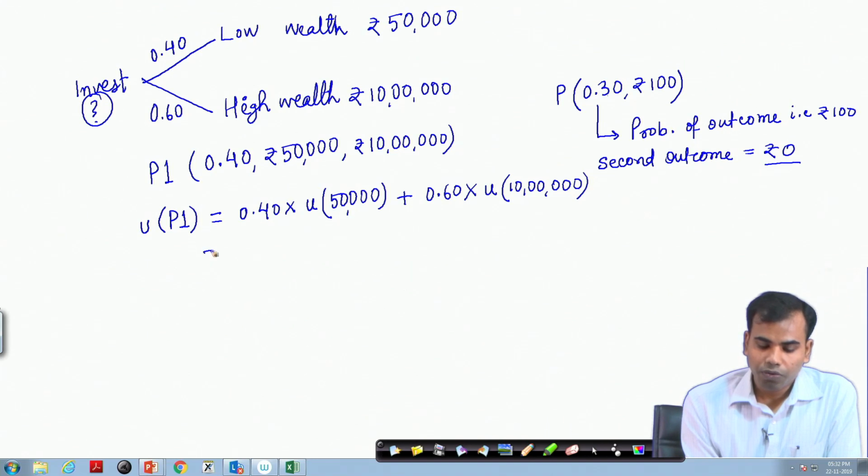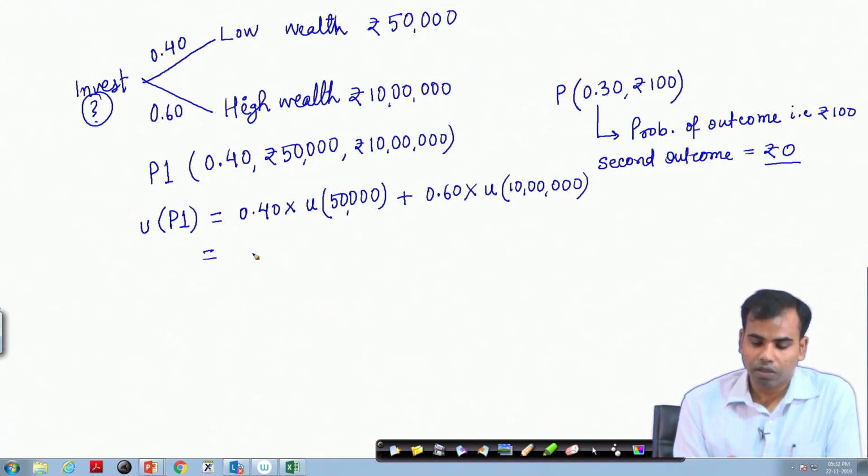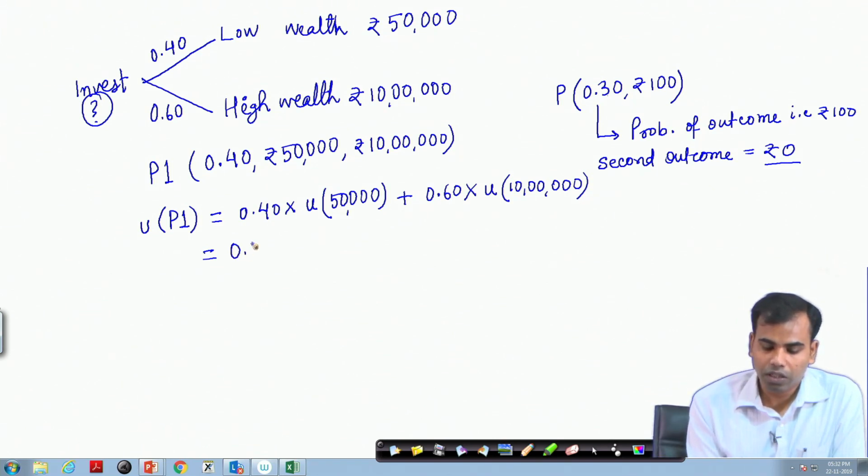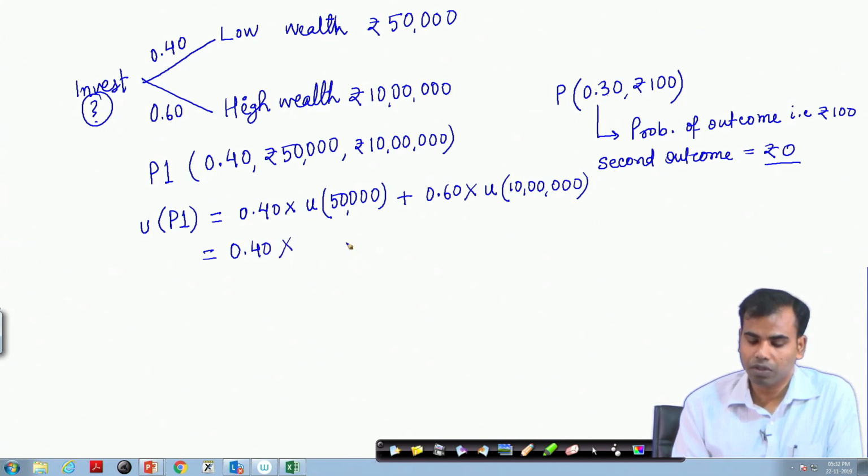Now, if we refer to the table which we had just calculated with the help of logarithmic function, we can express this in terms of the probability assigned to each of the outcomes.